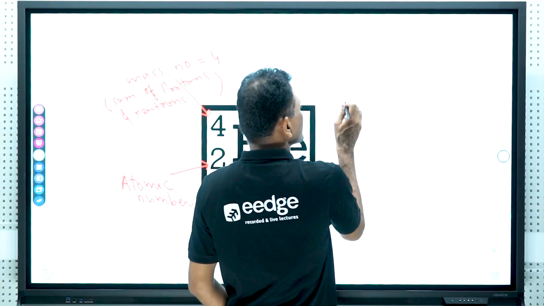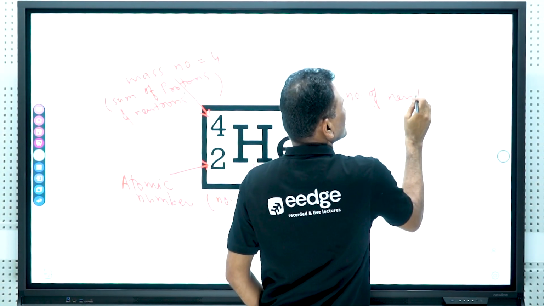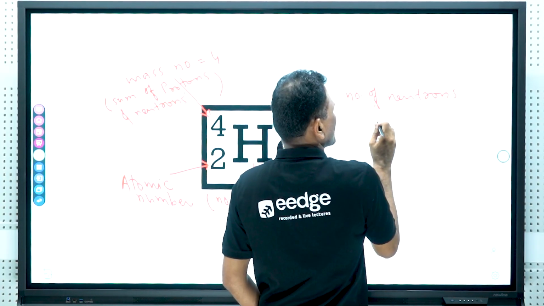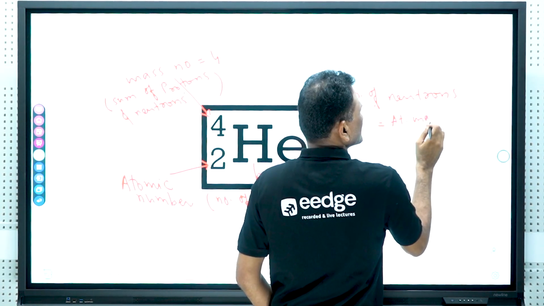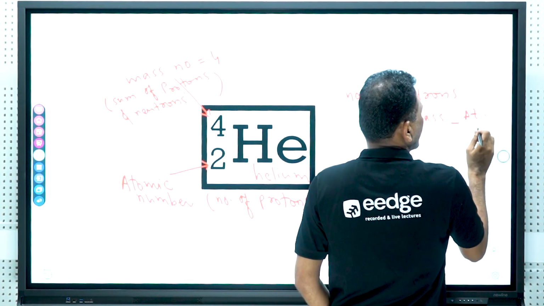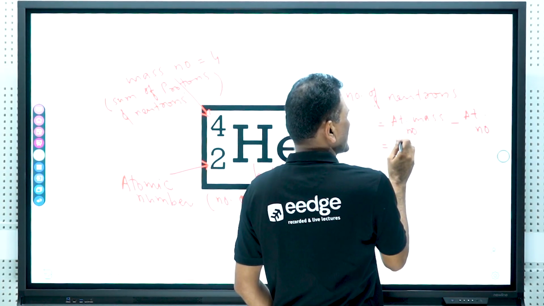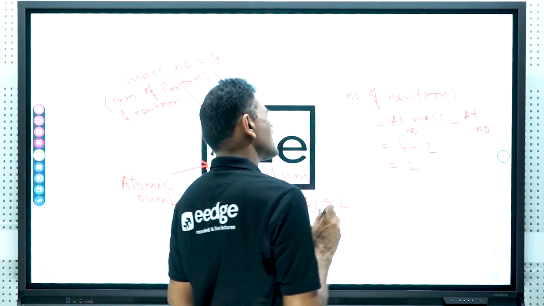So in this case, number of neutrons is equal to atomic mass number minus atomic number. Atomic mass number is 4, atomic number is 2, so the difference is also 2.